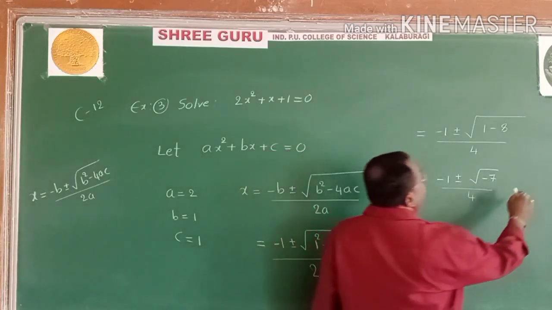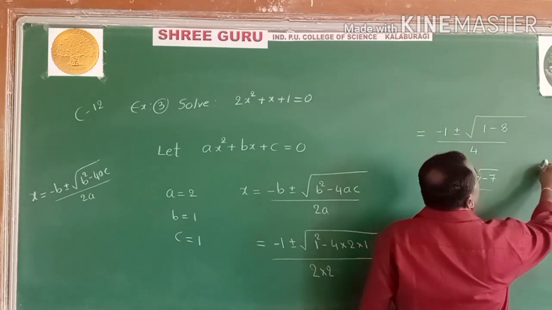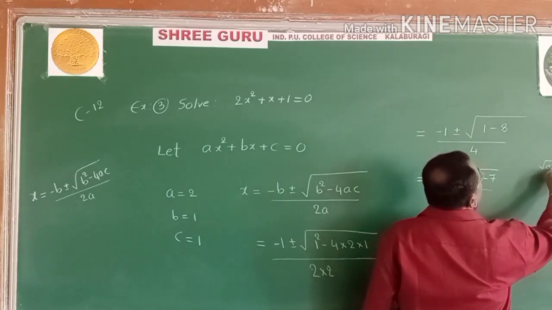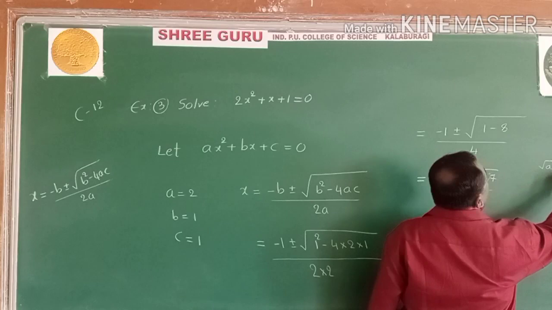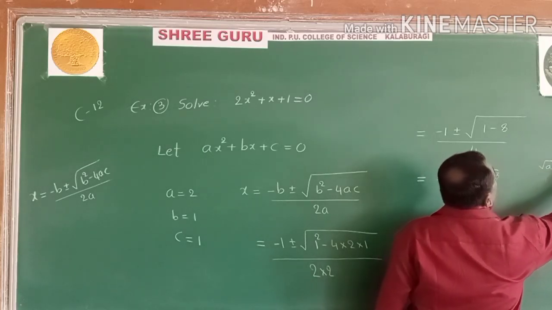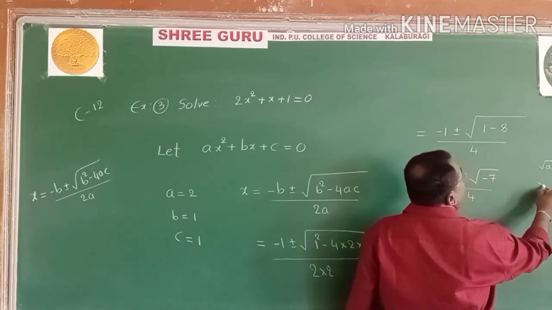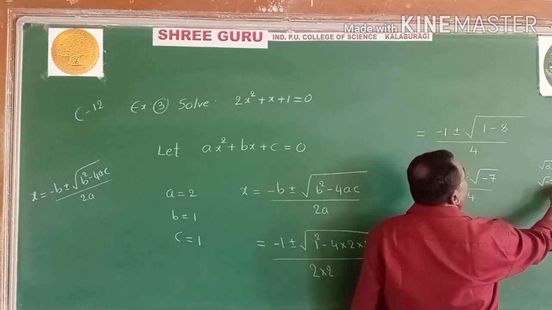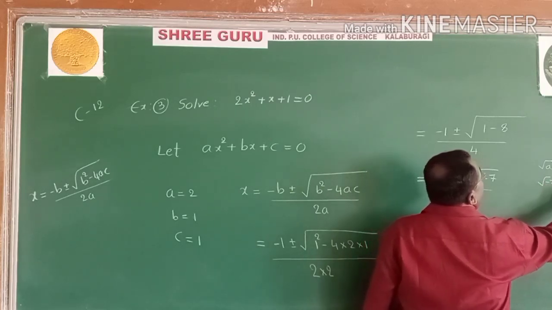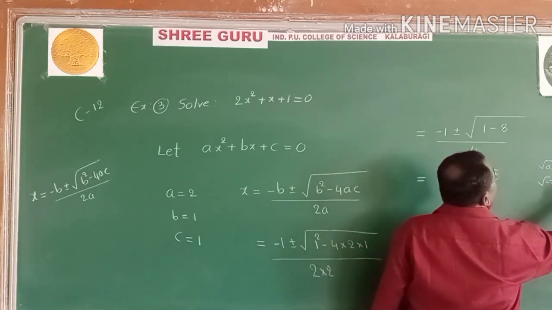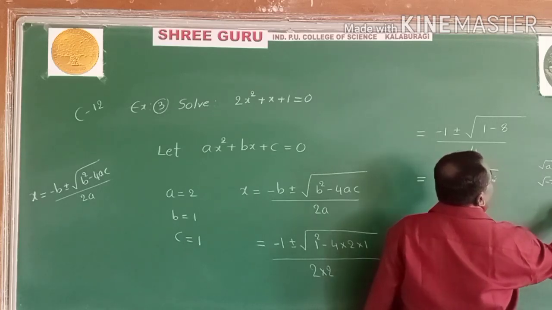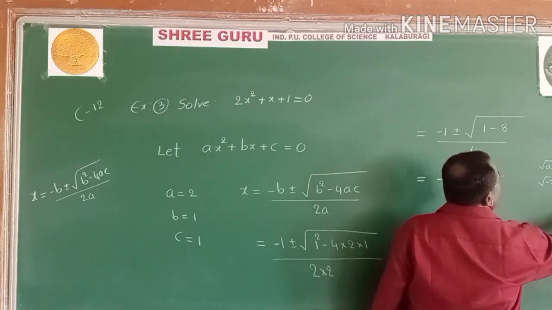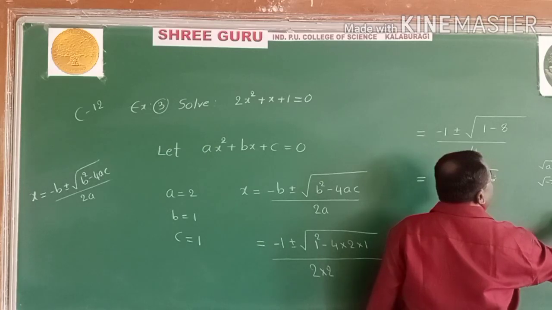Here this can be expressed: root AB can be written in the form of root A into root B. Root of minus 7 can be written as root of minus 1 into 7, which is root of minus 1, root of 7. Root of minus 1 is what?